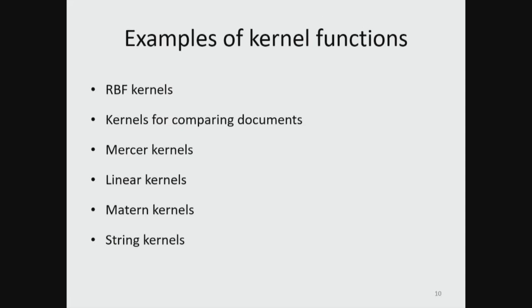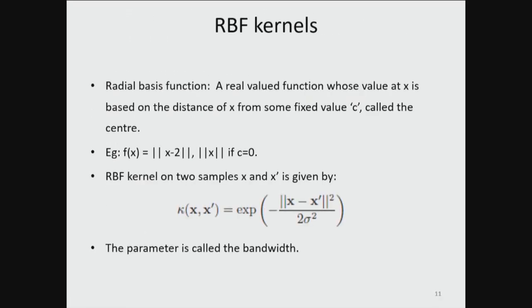First, we focus on RBF kernels, the radial basis function kernels. Before dwelling directly into radial basis function kernels, we should have some idea about what a radial basis function is. A radial basis function is nothing but a function which is evaluated at a point x, taking some distance concept from a fixed point.